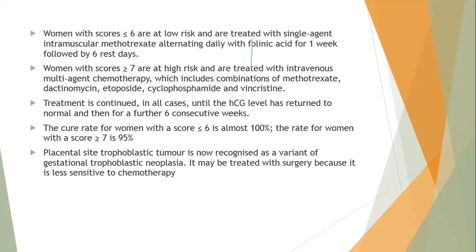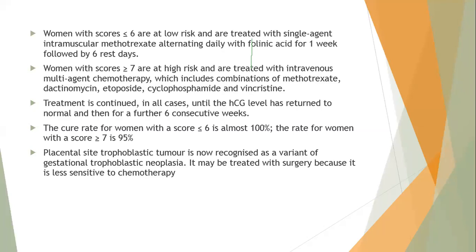According to this score, if the woman takes a score of 6 or less, this is low risk, and she will be treated with single agent chemotherapy, which is intramuscular methotrexate, alternating daily with folinic acid for 1 week, followed by 6 days rest.